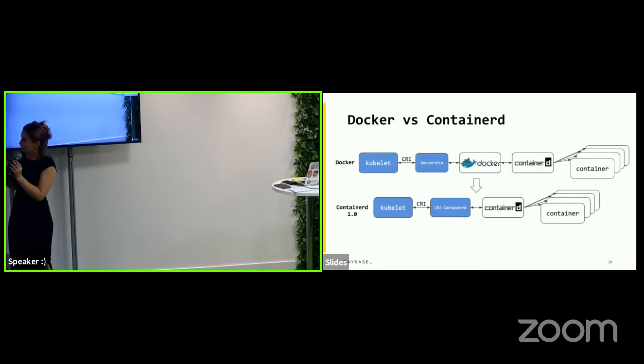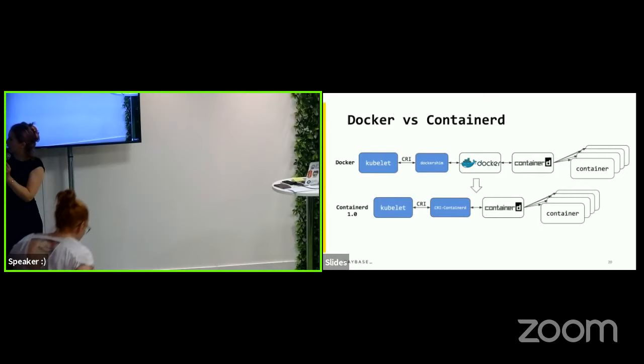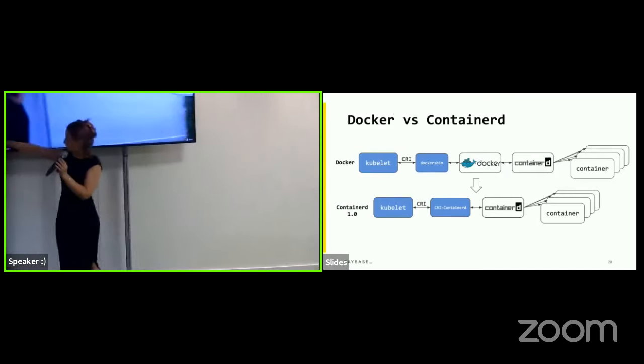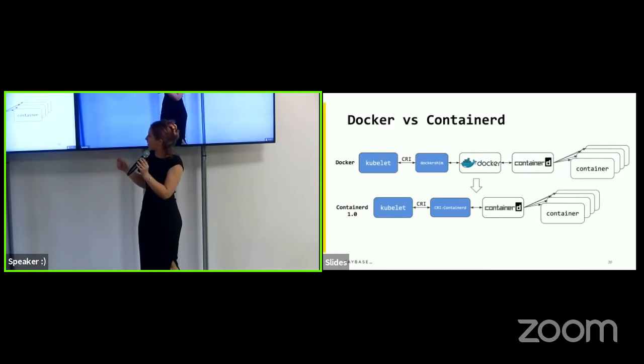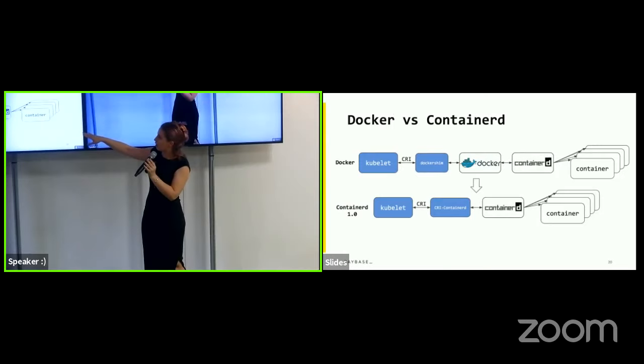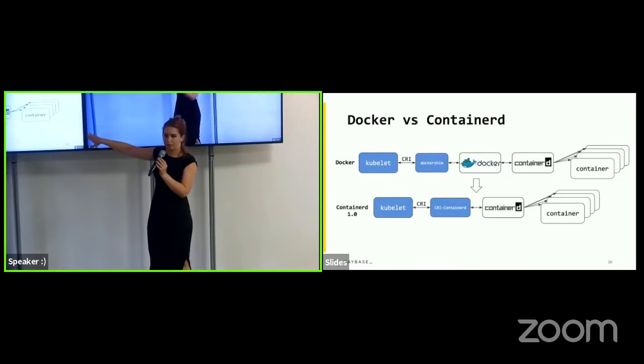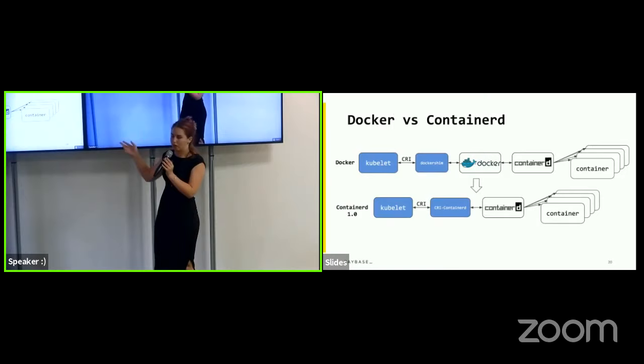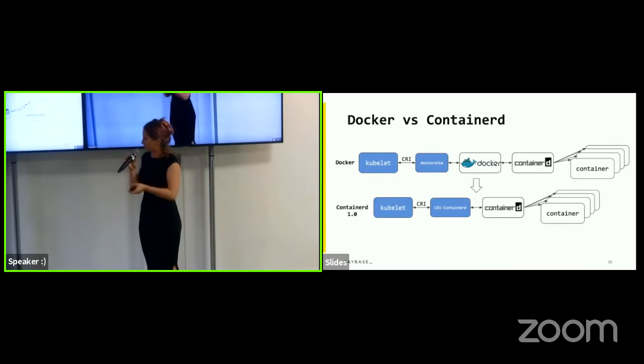And for Containerd version 1, you still have the kubelet, you have the CRI integration, the CRI Containerd feature, which is the implementation of CRI for Containerd. Then you have Containerd and again the low-level container runtime.